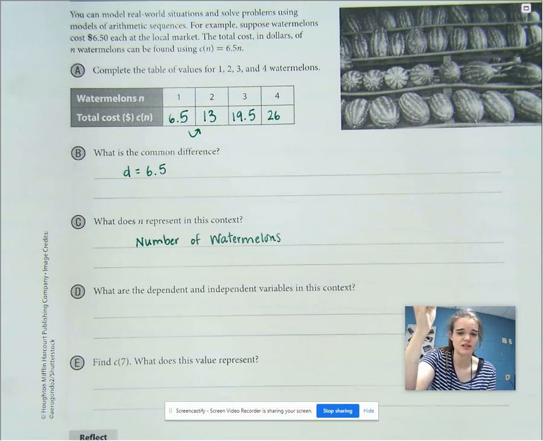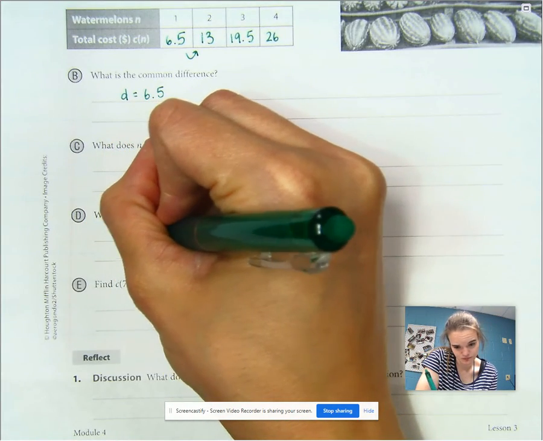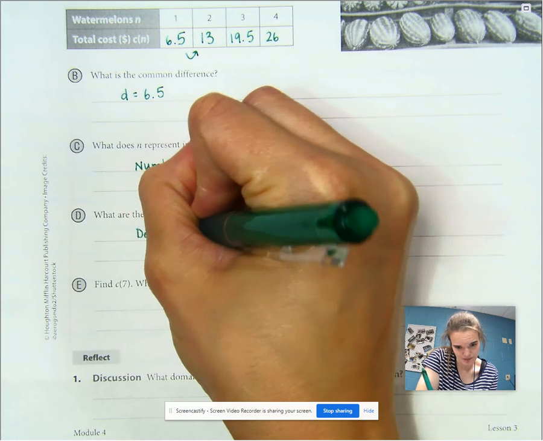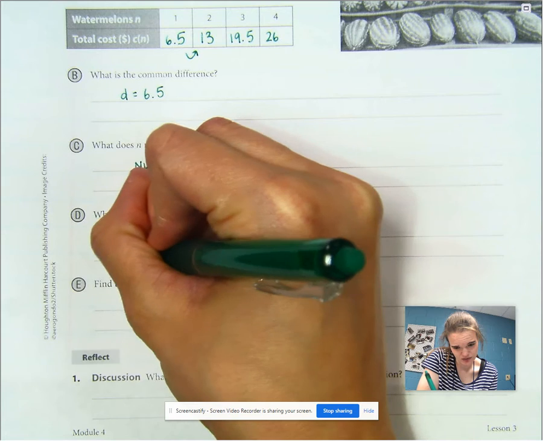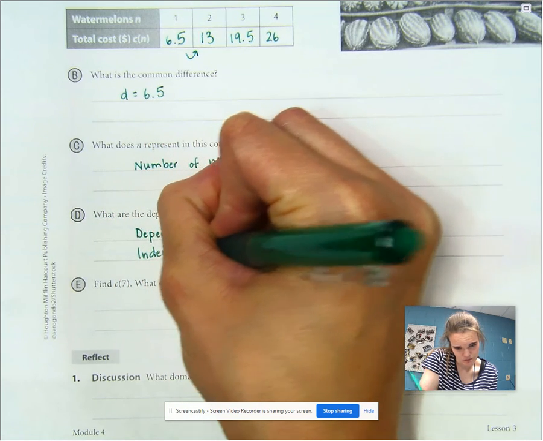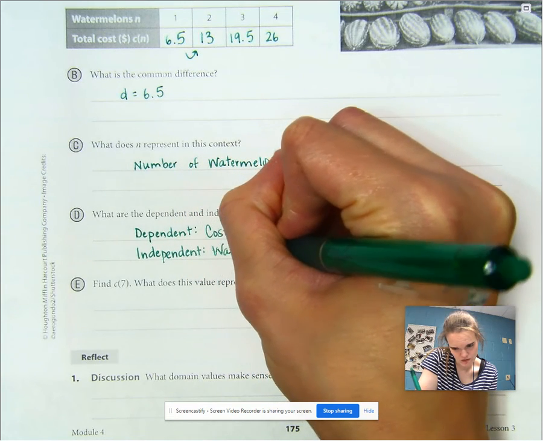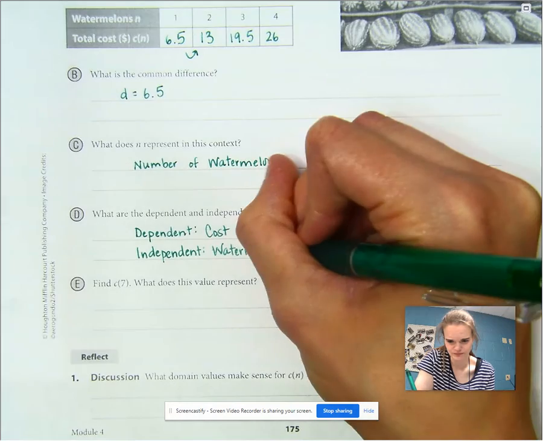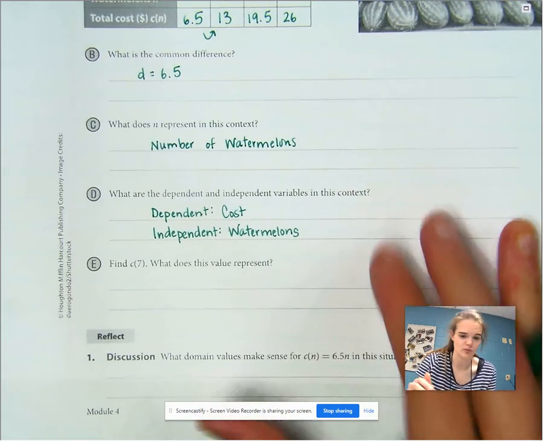Okay. What are the dependent and independent variables? Well, the dependent is the Y. Y is the cost. Independent is X. X is the number of watermelons. All right, it says find C of 7. What does this value represent?